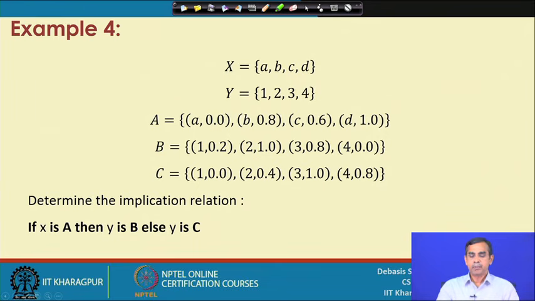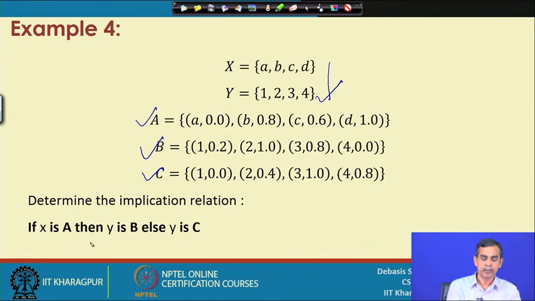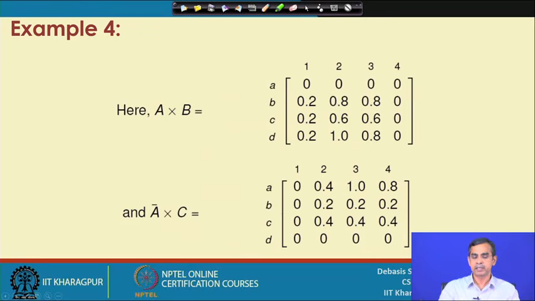Now, this is the example to calculate this one. X and Y are the two universes of discourse, A and B fuzzy sets are defined over X and Y respectively. C is another fuzzy set defined over this universe of discourse. Now, this is the rule. We can calculate the rule using the max-min composition.